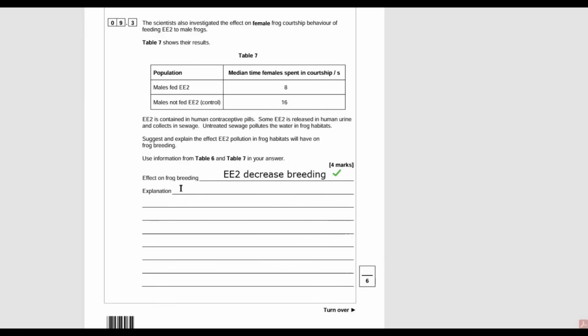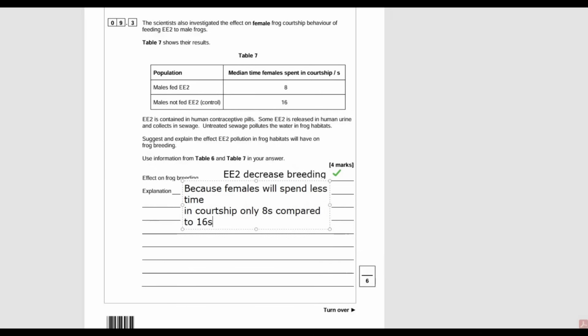Only 8 seconds compared to 16 seconds. So they're going to spend half as much time in courtship because of the EE2. So that's going to get us a mark, and that is data from table 7.